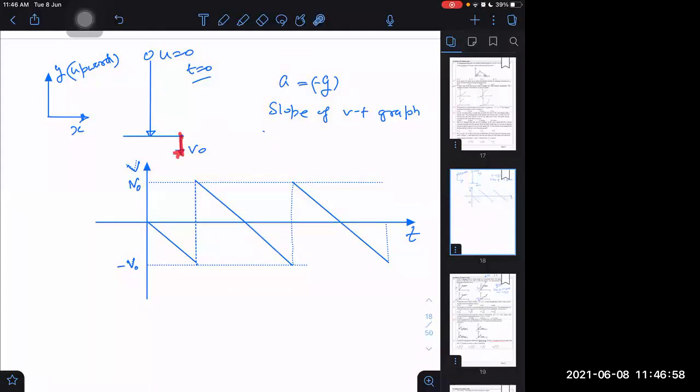While it strikes the ground with minus v naught velocity. This point here is representing the moment just before it strikes the ground, and just afterwards, its velocity suddenly changes from minus v naught to plus v naught. There will be a sudden switch.